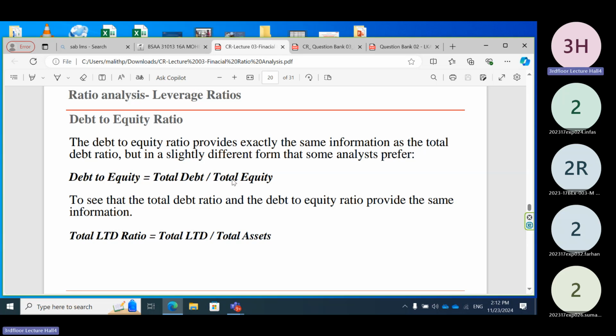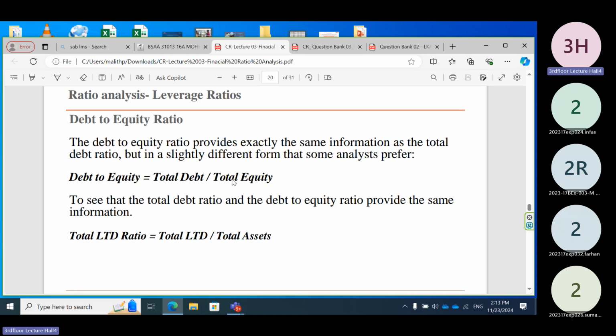Total asset to liability ratio. If it is 50%, it says that your total asset is 100, your capital 50, your liability 50. Simple, right?